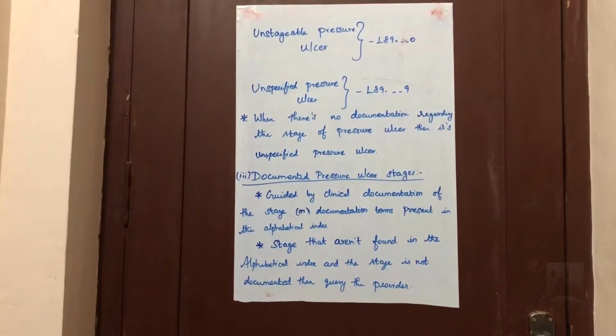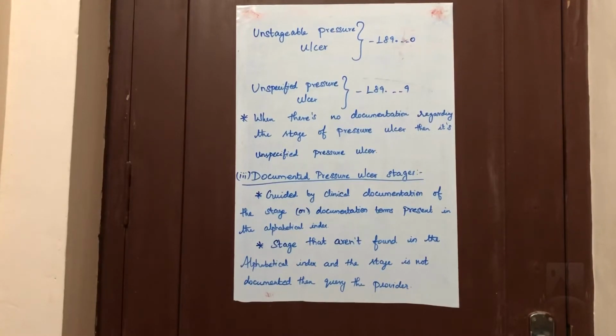Then the next one is documented pressure ulcer stages. When the pressure ulcer stage is already documented, how will we code? Assignment of the pressure ulcer code is guided by clinical documentation of the stage. The documentation is provided by the provider, or if the provider does not provide it, there will be some terms present in the alphabetical index.